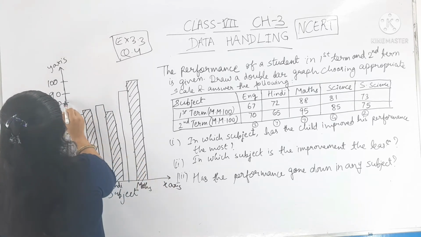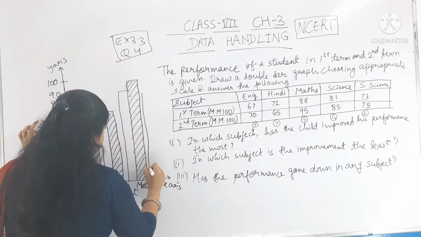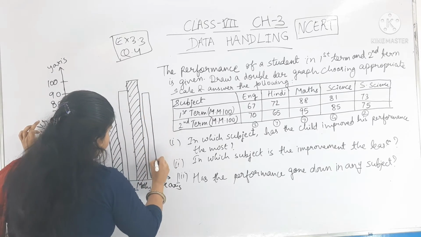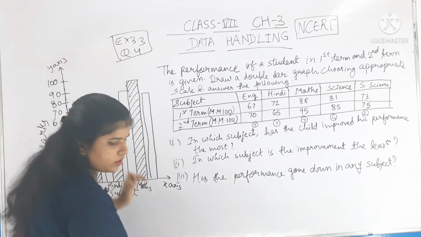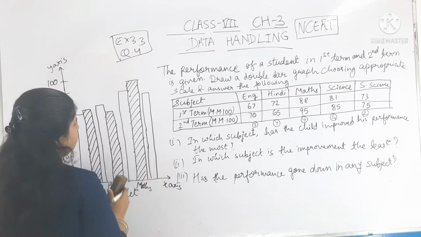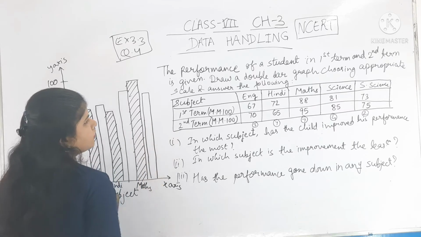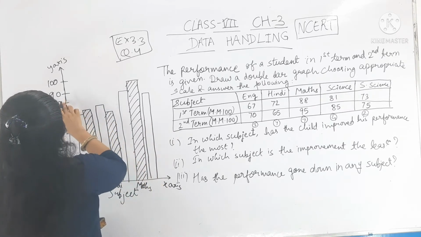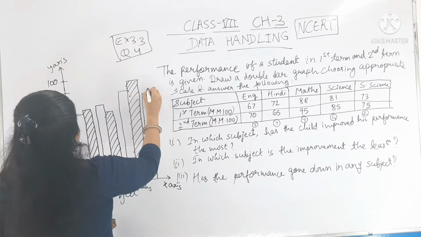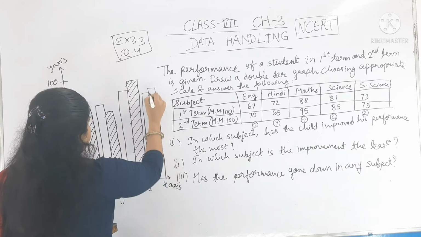Then science, I'm getting upper 80, 1 centimeter upper. You can easily draw the bar graph in your graph paper. It will be accurate. Okay. 85, it is between 80 and 90. This is for science.